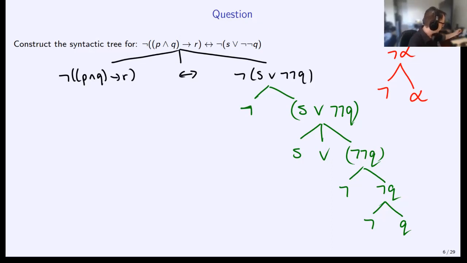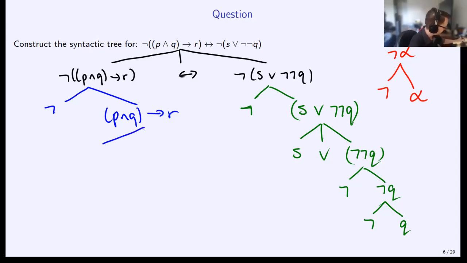So on the left here, it's going to be quite similar. The first thing we're going to deal with is these outer brackets and getting the not separated from those. So we're going to take not on the left and separate it from P and Q arrow R. So I could leave these outer brackets on, but usually we just leave the outer brackets off. At this point, we can see we have P and Q as a unit, and we have R as a unit, and then we have this arrow joining them together.